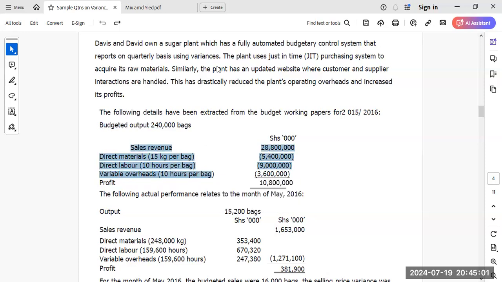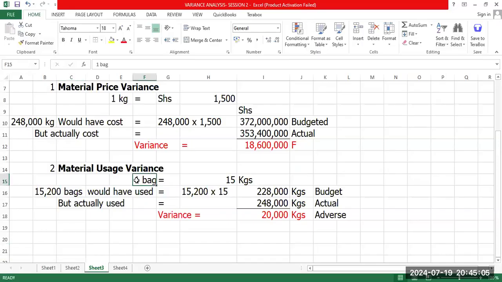We are saying that I want to produce bags, but one bag, I'm planning to use how many kgs? 15. This is just the standard you are setting. For you to get variance, you cannot rely on the budgeted output.